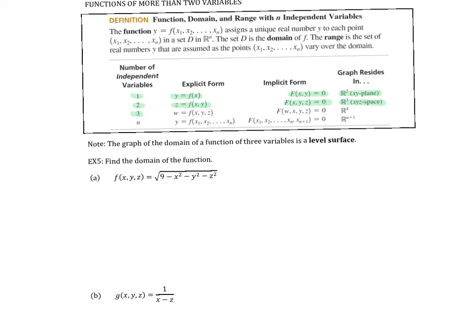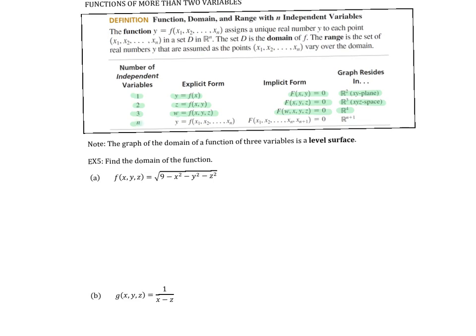3 independent variables, we'll call it w, and it's going to be some function of x, y, z. Implicitly, it would be a function of w, x, y, z equal to 0, and that would be in 4-dimensional space, and so on.